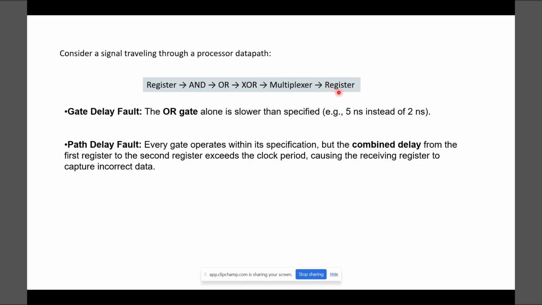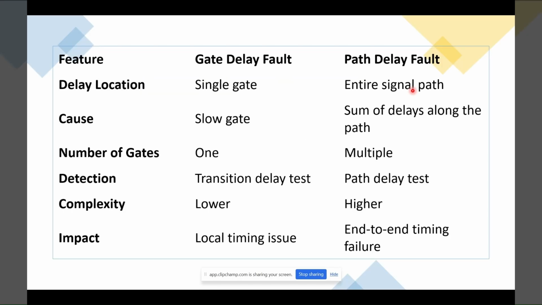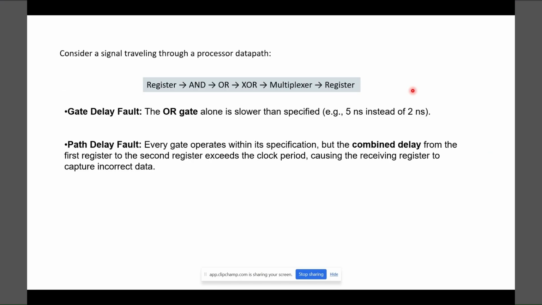When it exceeds the clock period, the receiving register may store incorrect data, and the forthcoming unit behind this register will fetch the wrong data, so it results in complications. So an end-to-end timing failure may occur due to this. Though the path delay test is involved in identifying the fault, it is a little bit complex. I hope you got an idea about gate delay fault and path delay fault.